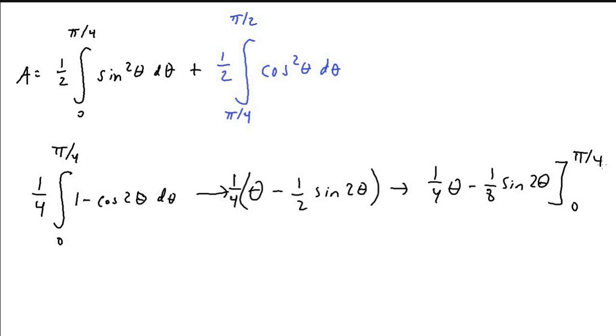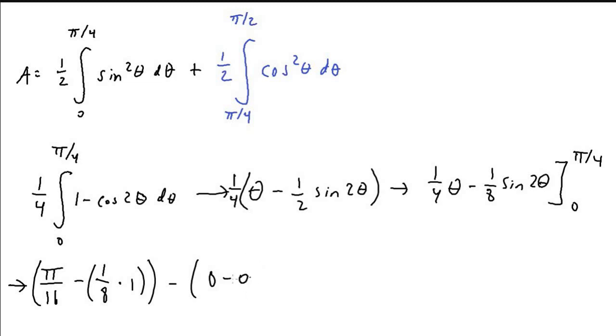So when I plug in pi over 4 first, we'll get pi over 16 minus 1 over 8 times sine of 2 pi over 4, or sine of pi over 2, which is 1, minus, when I plug in 0, we'll just get 0 minus sine of 2 times 0, which is still 0. So that can cancel.